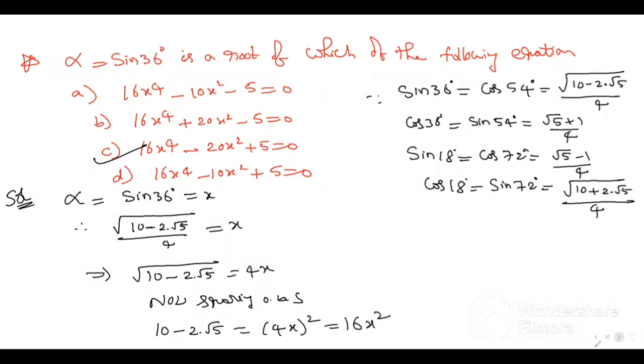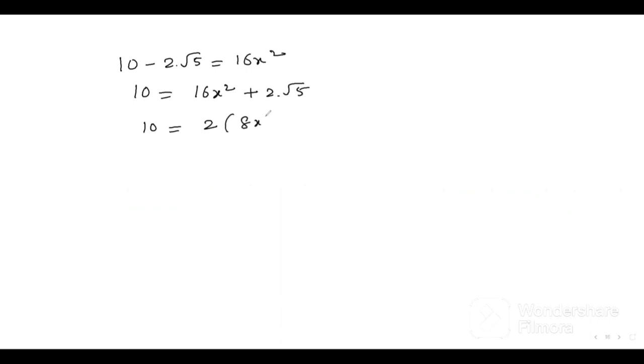So what we get here? 10 minus 2 root 5 is equal to 16x square. So 10 is equal to 16x square, here minus 2 root 5 sending to the right side, it becomes positive. So on both sides, I take 2 common here: 8x square plus root 5. Here the 2 and 2 get cancelled.